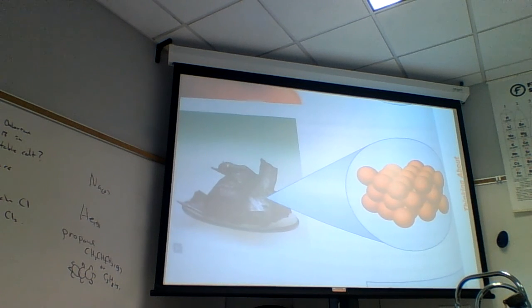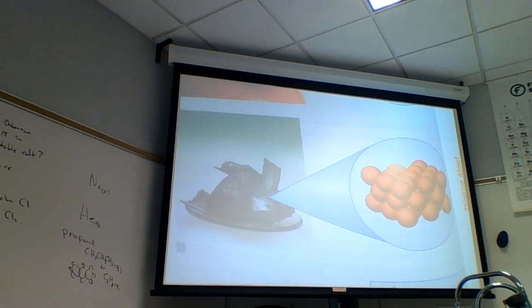Anyway, lithium packs together as a lattice. So when people talk about lithium, they're talking about solid lithium, or they could be talking about lithium with a positive charge. If they're talking about the element lithium, or lithium metal, it's lithium solid like this.